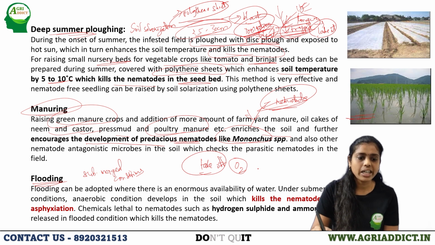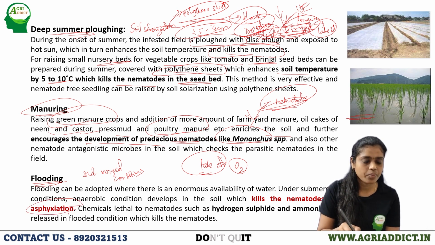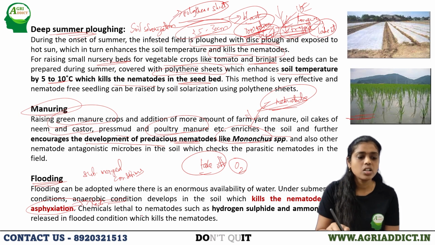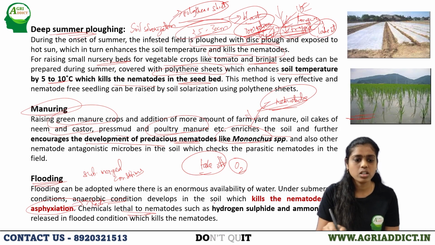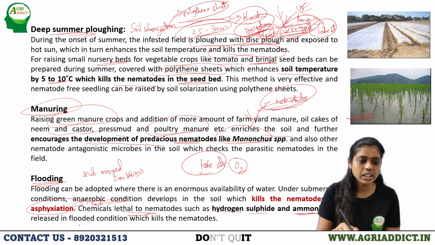So this leads to a condition called asphyxiation, lack of oxygen due to anaerobic condition, which leads to the death of the nematodes. And even in flooded conditions, chemicals are released that are very lethal to the nematodes, such as hydrogen sulfide and ammonia, and thereby it kills the nematodes.